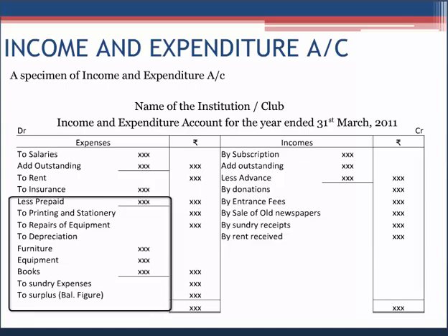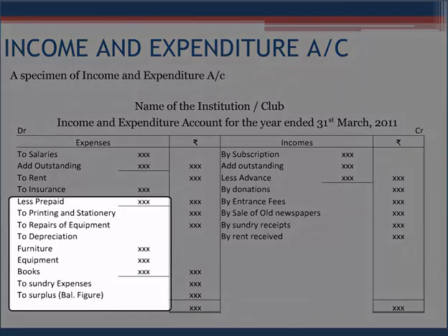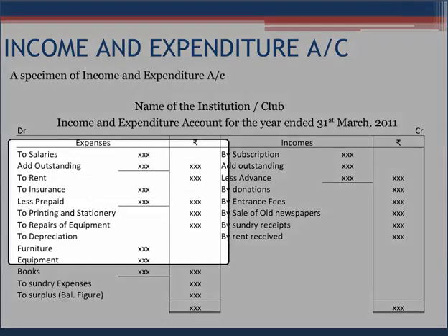Check this out. You can see printing and stationery, repairs of equipment, and you can see even depreciation. Printing and stationery, both a revenue expense. Repair to equipment is a revenue cash expense. Both are cash, printing and the repairs. And depreciation is also a revenue expense, but it's a non-cash, so it records the cash as well as the non-cash expense.